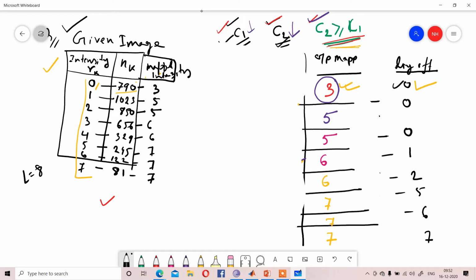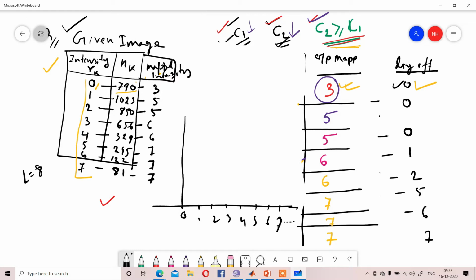So to draw the histogram depending on the mapped intensities, what are the points that you will consider? 4, 5, 6, 7 and so on.